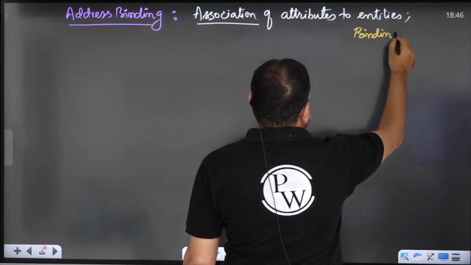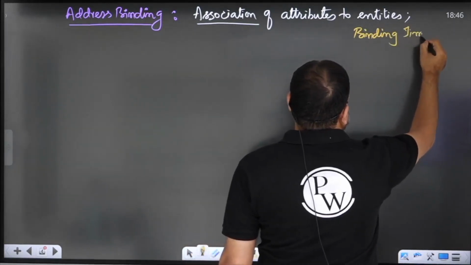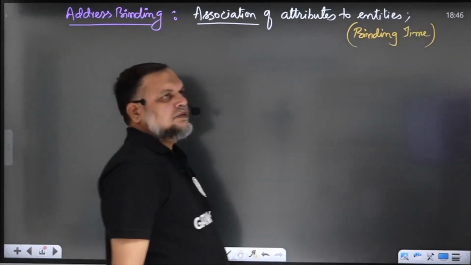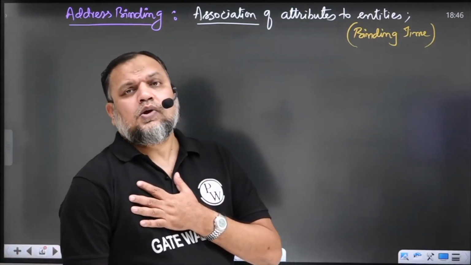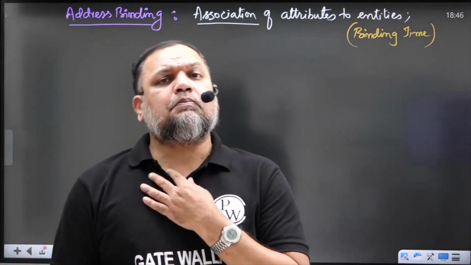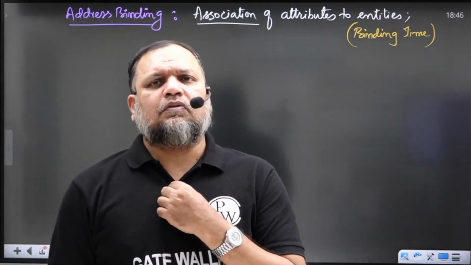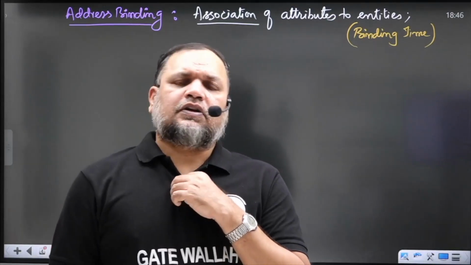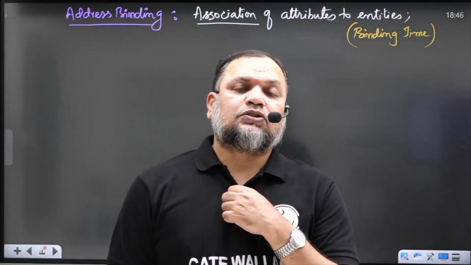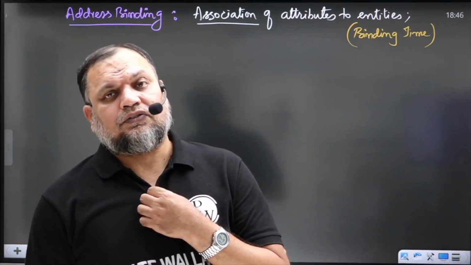Particularly, binding time is important in programming. Binding time: the time at which the association takes place. Like if you ask about my name binding, when was I associated with my name? At birth time perhaps, maybe 1 week after birth, maybe 10 days, maybe 15 days. But certainly you don't say that my name was associated at the age of 25 years. That's wrong.